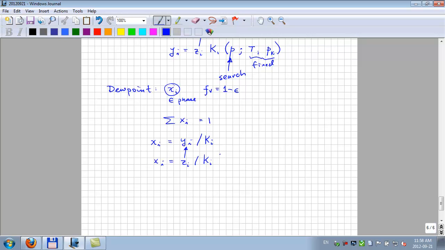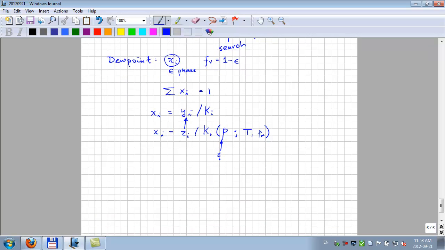And ki is a function of what? Well, it's a function of pressure for a fixed temperature and convergence pressure. We don't know what that is. So our h function for the dew point is 1 minus the sum of xi, should be equal to 0.